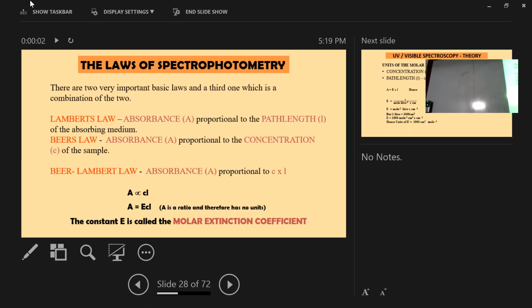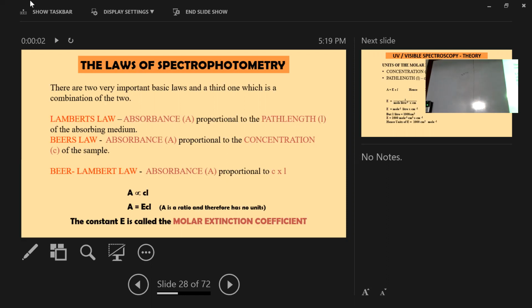Now, if we consider both are variable, in that case, we can combine them: the absorbance A is proportional to C times L. If we want to remove the proportionality, we need to multiply by a certain constant factor.